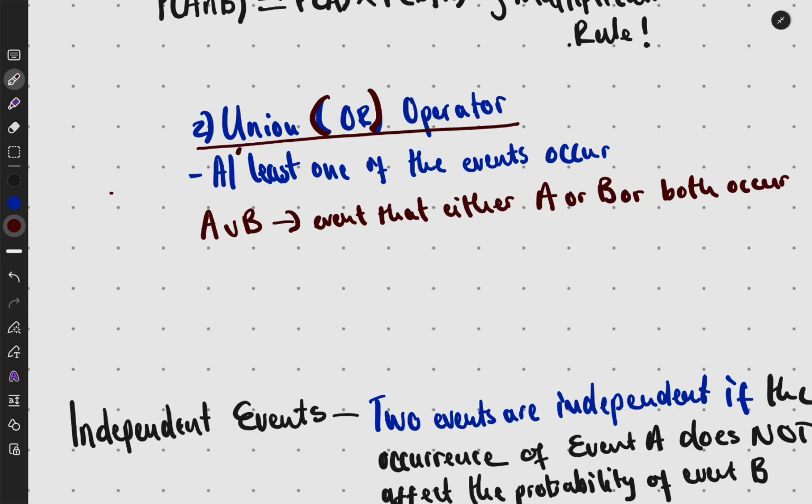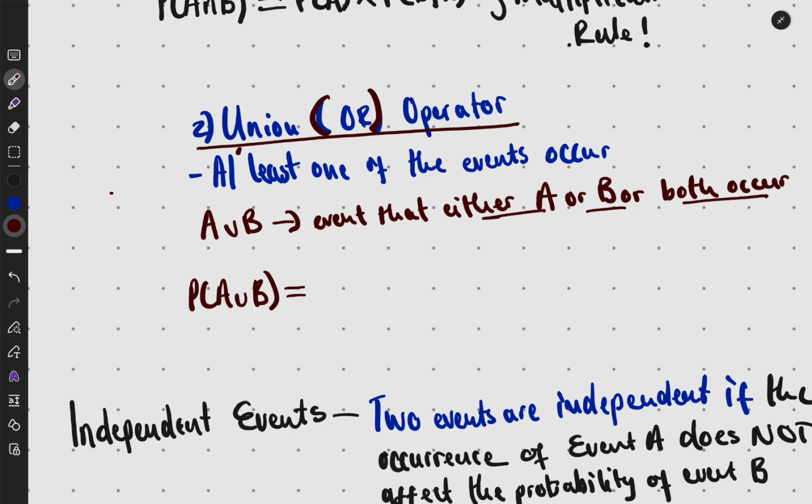In other words, we have either A or B or both. That is when we have A union B. So the probability of A union B is like saying A or B. This is just going to be the probability that either A has happened or B has happened or both have happened. We saw that for A intersection B, both events A and B have occurred.